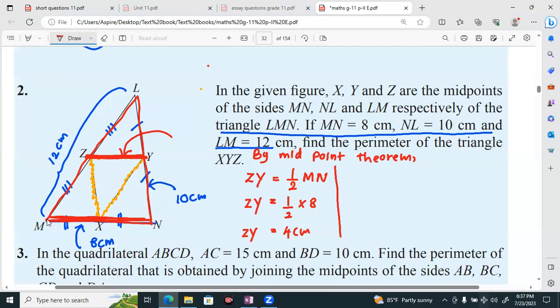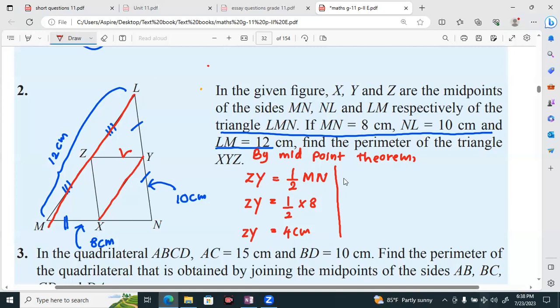Likewise, if I consider the LM side, then the two other sides are MN and LN. The line which joins the midpoints of those two sides is XY.